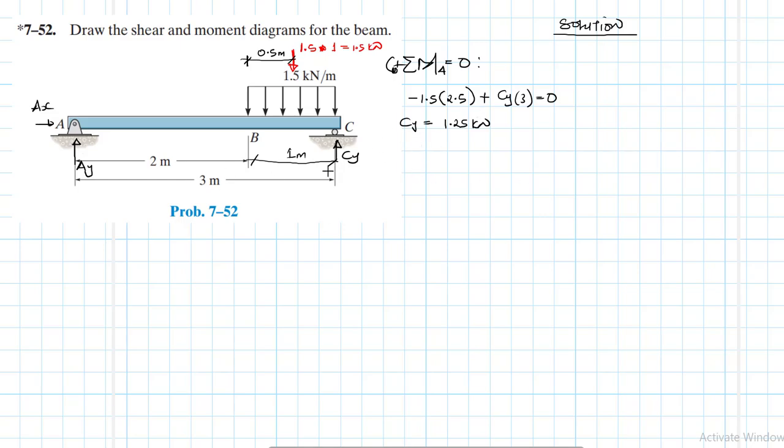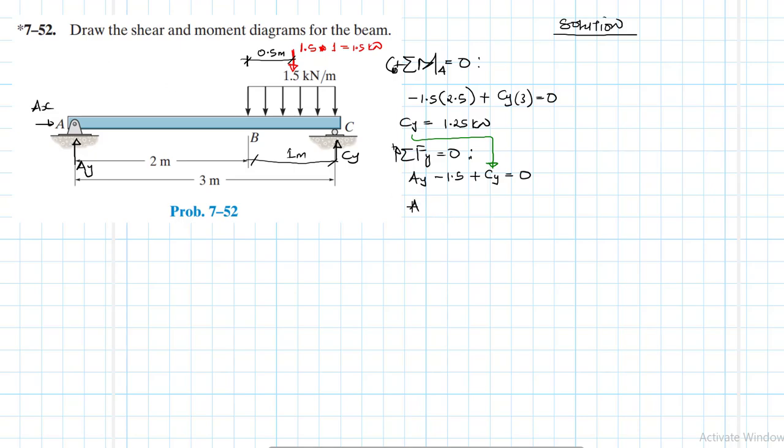So, found Cy, let's find Ay. Summation of forces in the y direction equal to 0. We have Ay minus 1.5 plus Cy equal to 0. We have Cy, which we just calculated, so we just replace it.